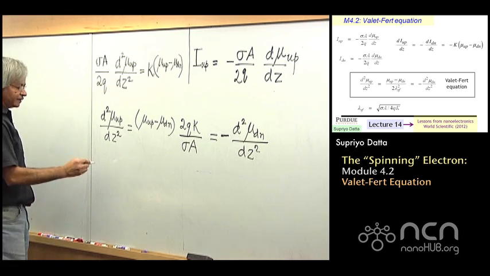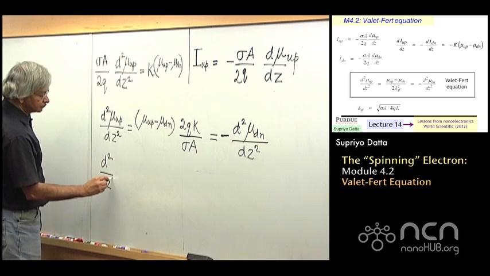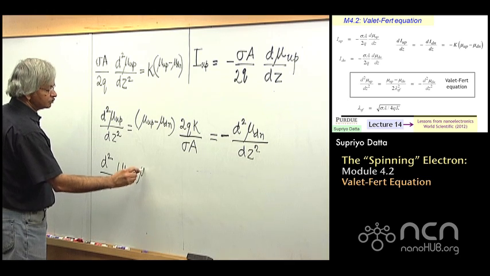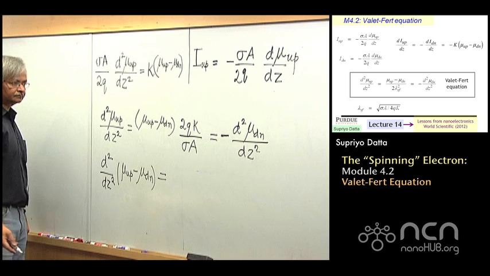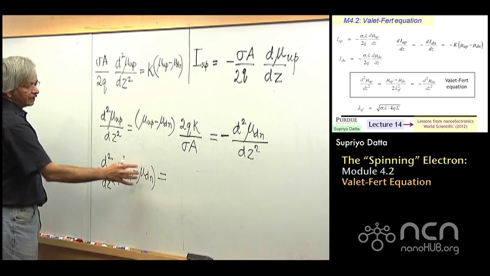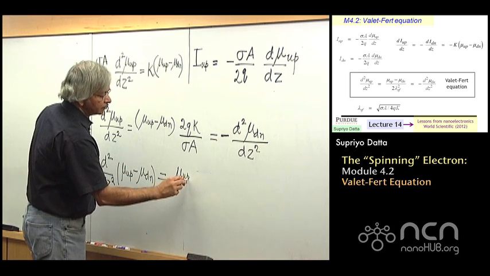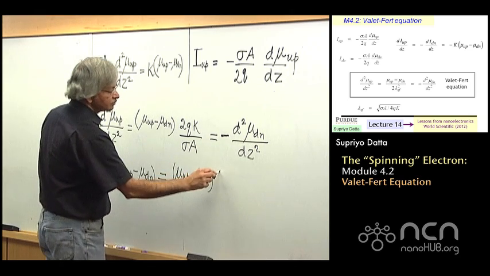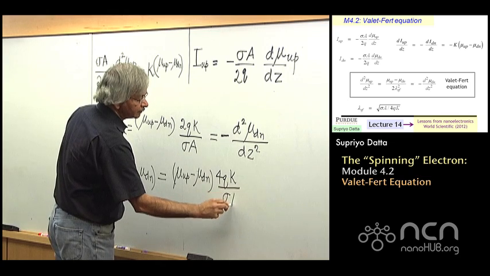And so you could write the following: d2 dz2 of mu up minus mu down is equal to, if we just add the two, mu up minus mu down times 4qk over sigma a.